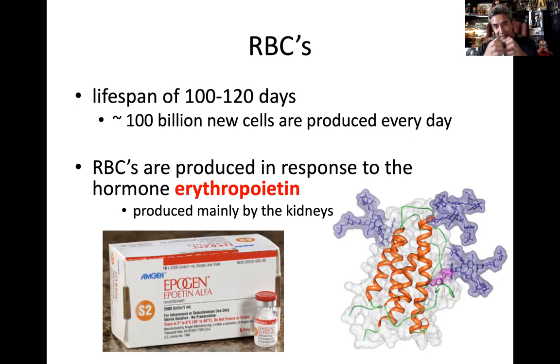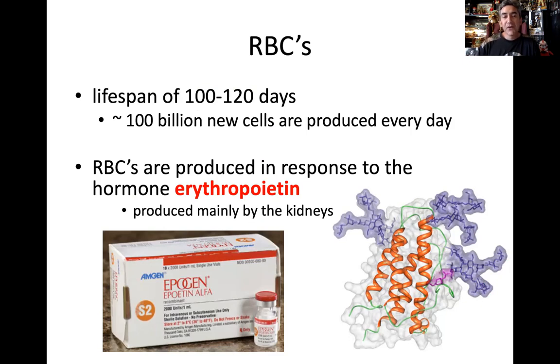If they get a little dented or damaged, they can't fix themselves. Because of that, they have a relatively short lifespan, 3 to 4 months we say, depending on how much effort that person is exhibiting, how much wear and tear these red blood cells go through.